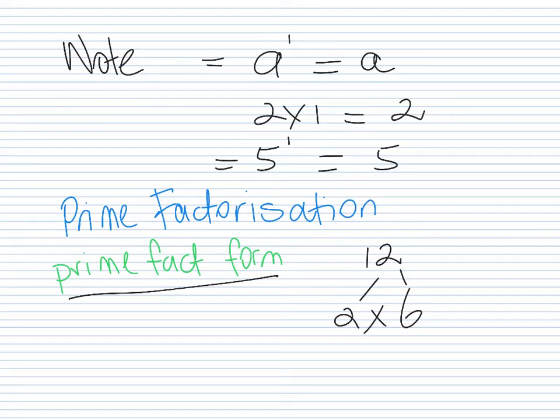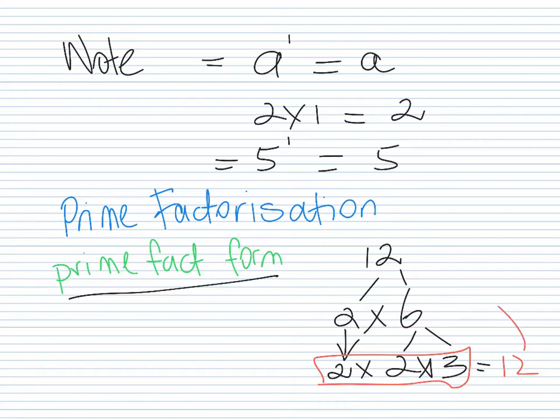Now, 2 is a prime number, so we can't break that down any further. But 6 we can. So another way we could state 6 is 2 by 3. So if we then pull this down to 2 by 2 by 3, you would find that the answer of these 3 digits equals 12, which, funnily enough, is the number we started with.